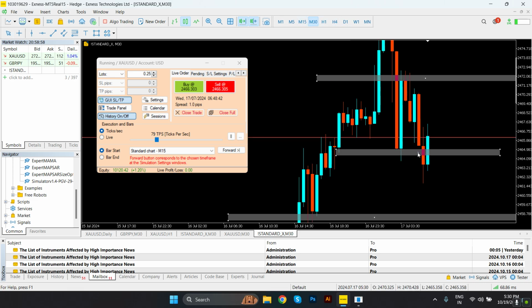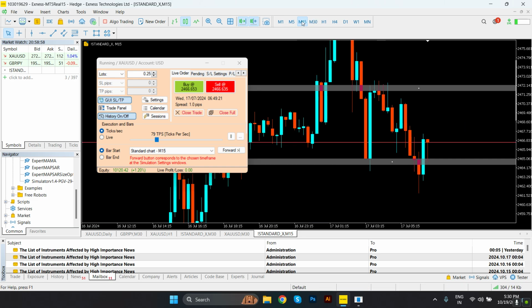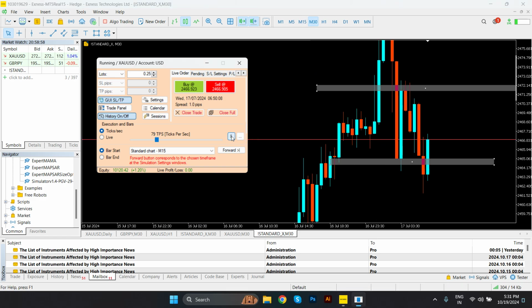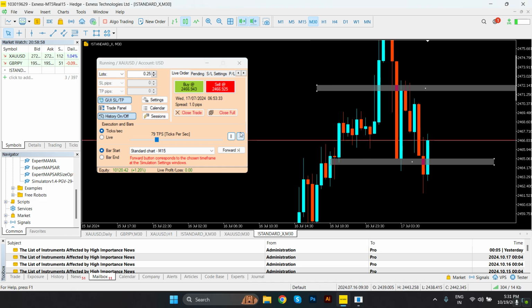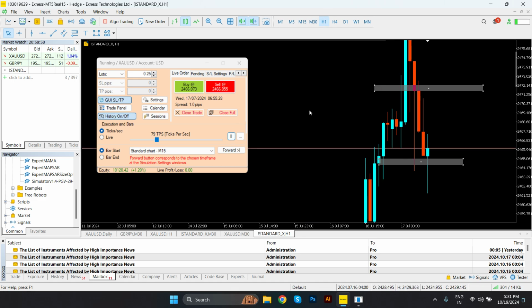30-minute now. Okay, so we are pushing this area. Just wait for the 30-minute to close, and I think it will be the close of the 1 hour as well.